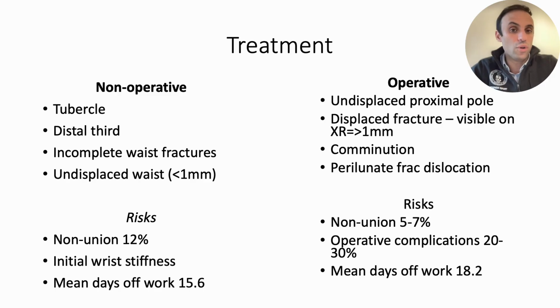There are risks with this approach: non-union between 5 and 7%, operative complications of about 30%, and this was shown that even in experienced hands in the SWIFT trial, this was still significant at about 30%, and the mean days off work is about 18 days, so slightly longer than non-operative.